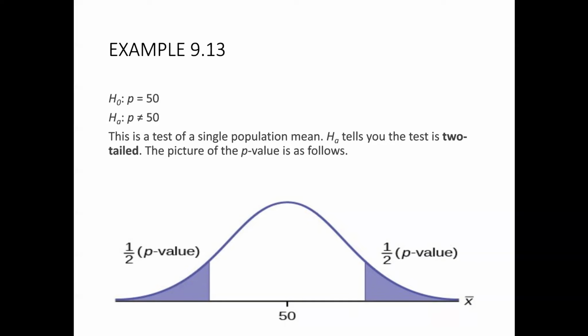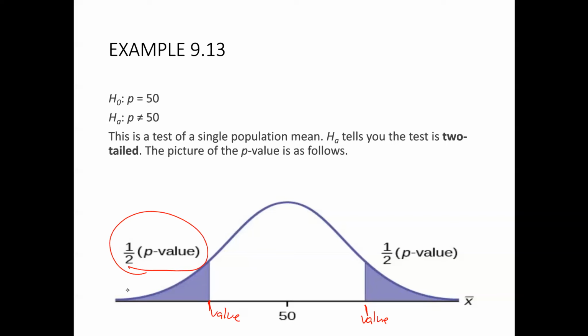And so when I go to my calculator and I use the normal approximation to the binomial, chances are I would find this over here, because I know what that value is from my sample data.